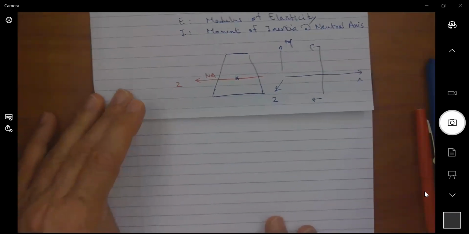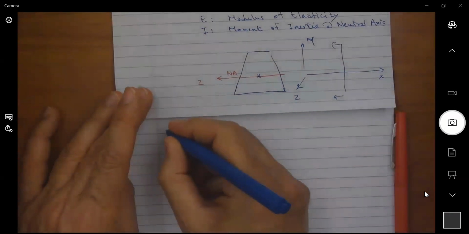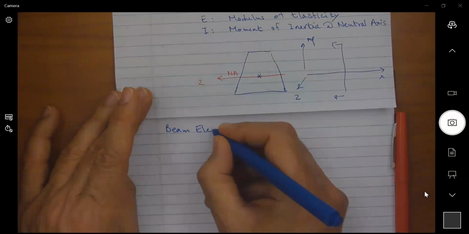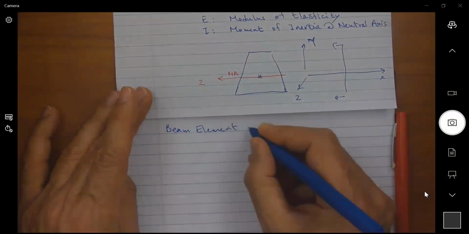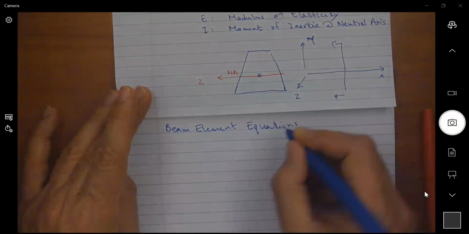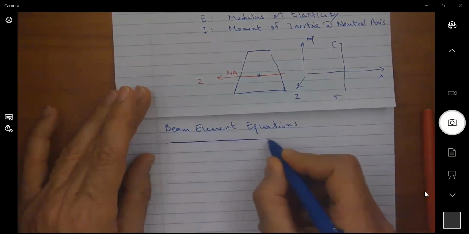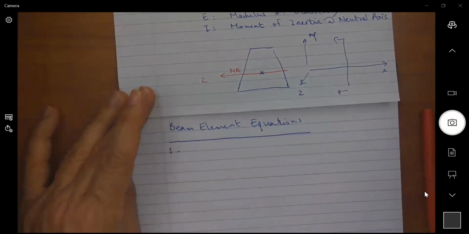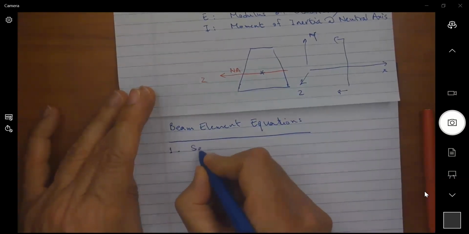Okay, I think with this background, we are ready to move on to the beam element equations. And we're going to follow the steps that we established. So number one would be to select the element type.